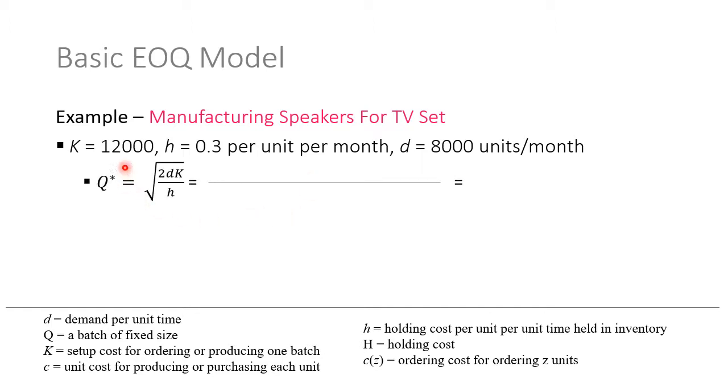So this is the formula of economic order quantity from the previous slide. Let us substitute the values in this formula. This is square root of 2 into the demand, 8,000, into the setup cost of production, 12,000, divided by H, the holding cost, 0.3.